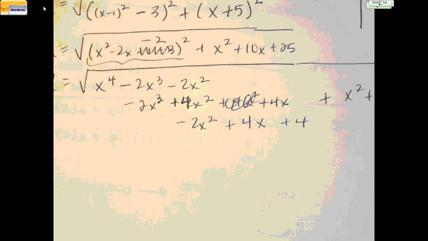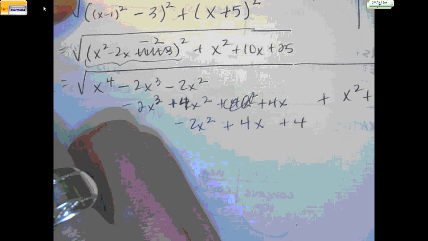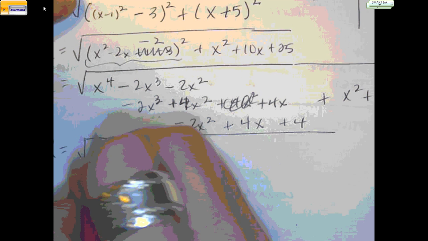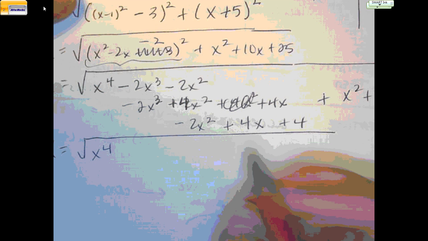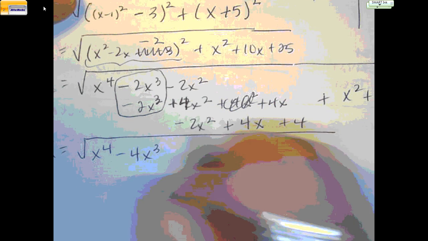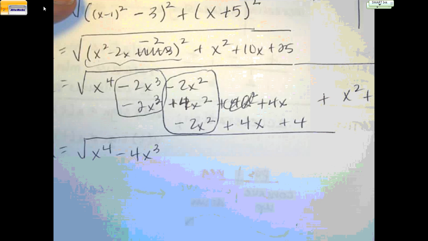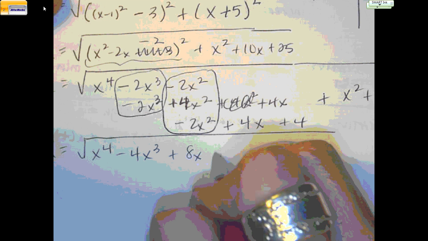Now we put together all of our like terms. Let's see, we've got an x to the 4th. This right here is going to be minus 4x cubed. This right here winds up going away. This is 8x. This is 4.